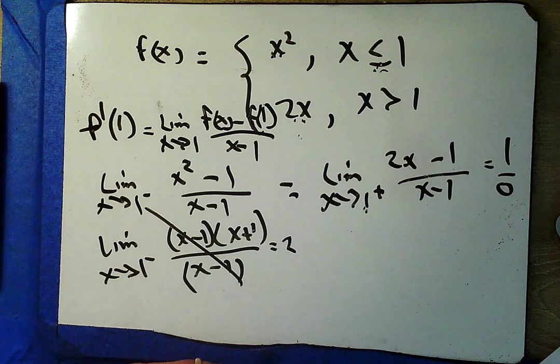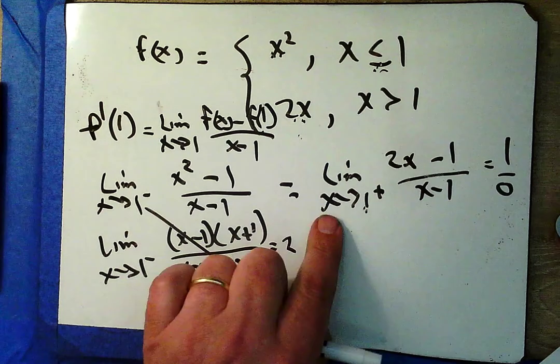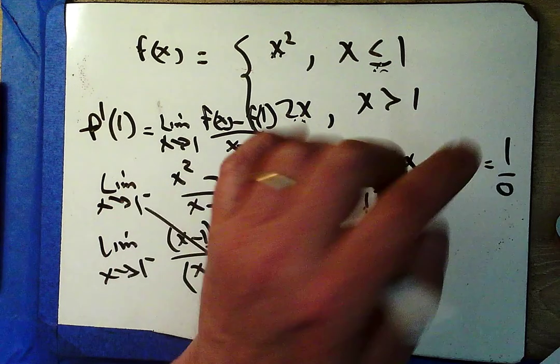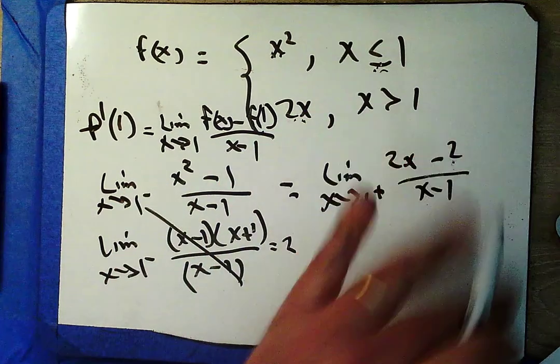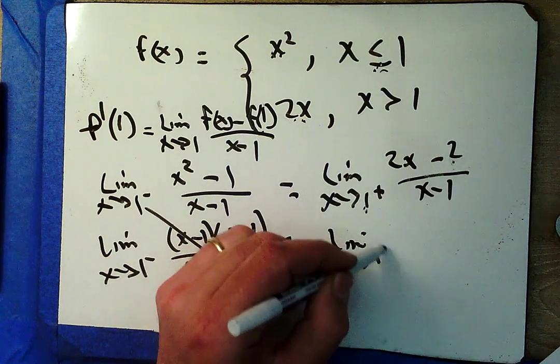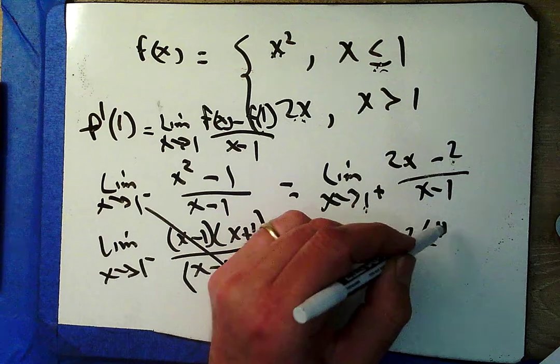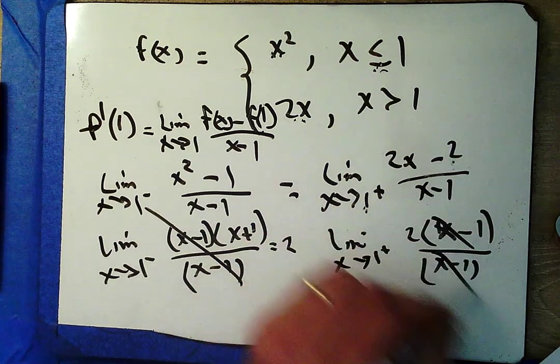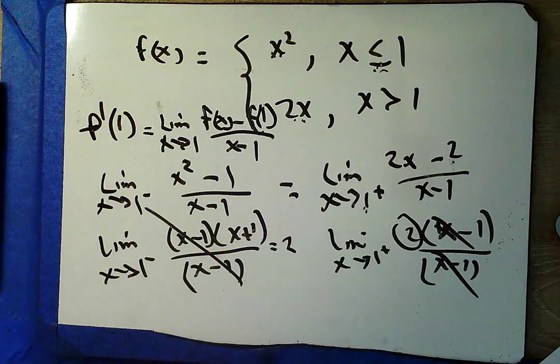You know, the only way I'm going to get 2 is if f of 1 is 2. Because then I'd have the limit as x approaches 1 from the positive side of 2x minus 2 over x minus 1, and these cancel, leaving me 2. But, oh, I know what's wrong with that.